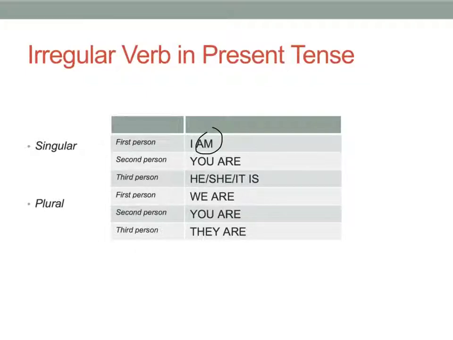And then the root is again missing in the second person, third person. So very, very irregular verb here. And again, notice there's no be in the present tense when you conjugate the verb to be. I am, you are, he is. We are, you are, they are.